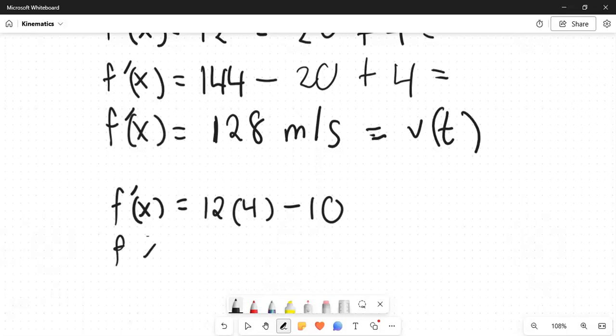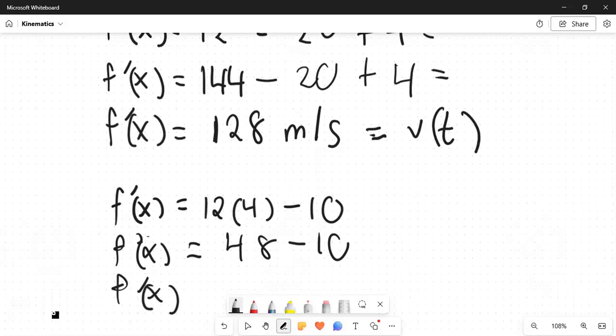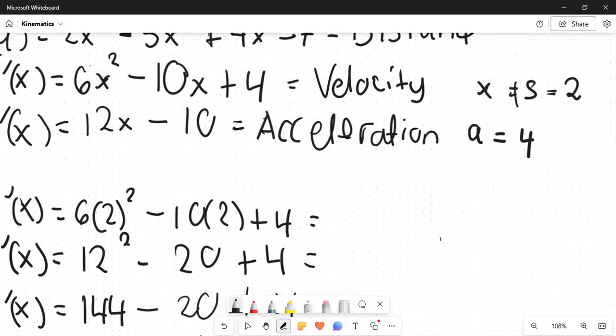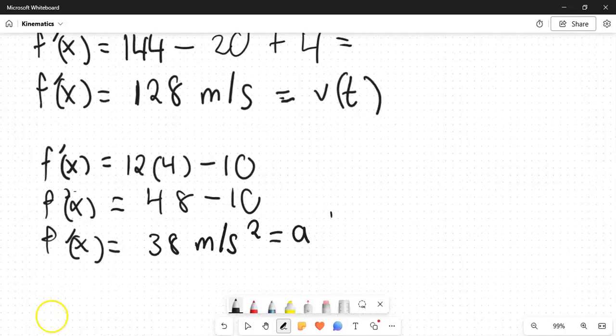So f dash x is equal to 48 minus 10, and f dash x is equal to 38 meters per second squared as our a(t).